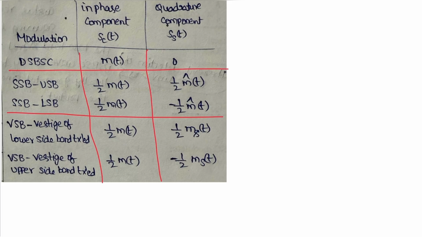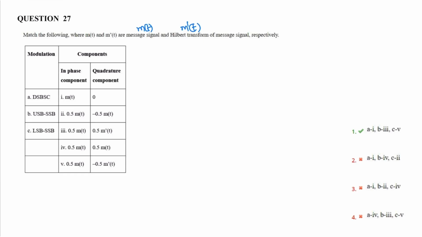Next, SSB with lower sideband transmission: the in-phase component is 1 by 2 m of t and the quadrature phase component is minus 1 by 2 m cap of t. Similarly for vestigial sideband, with vestige of lower sideband transmitted and vestige of upper sideband transmitted. For the question given, the correct option is 1.